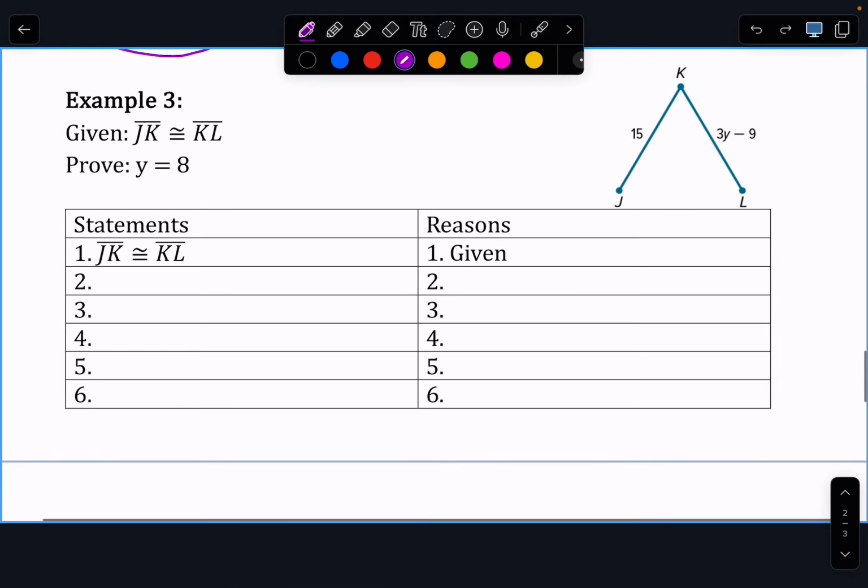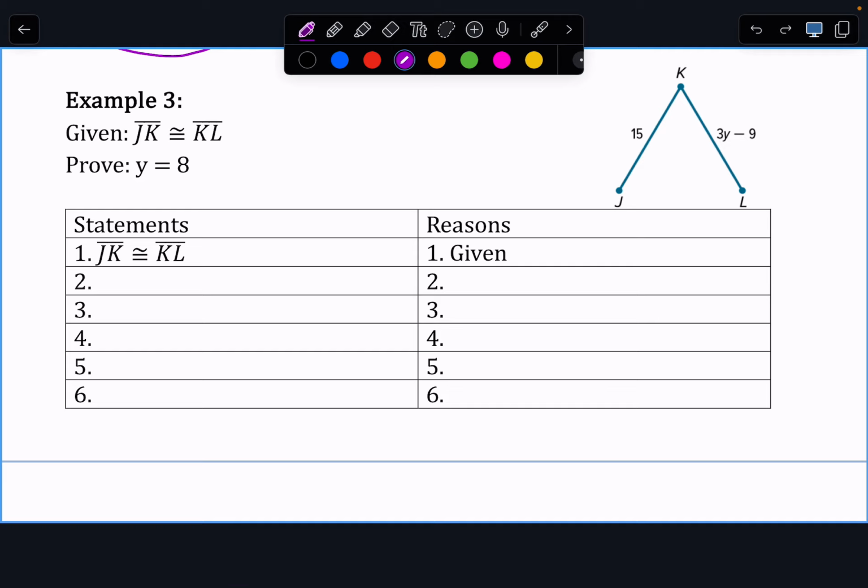All right, so let's maybe try this one. Okay, so it looks like my last step needs to be y equals 8.